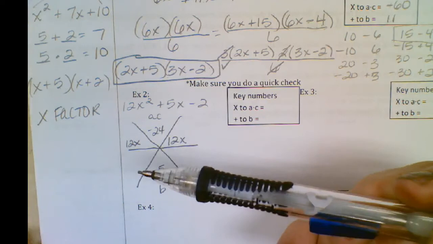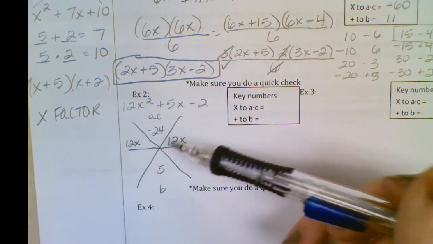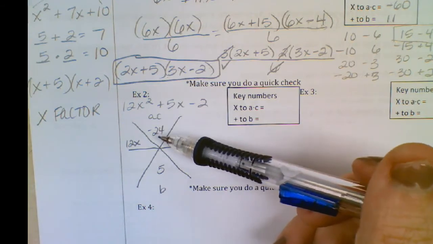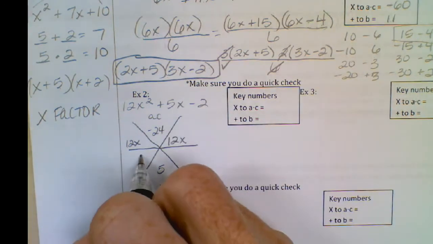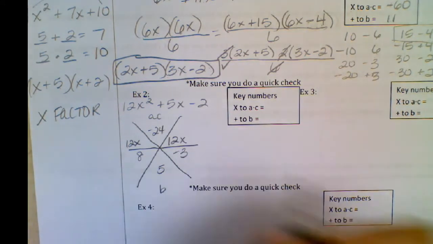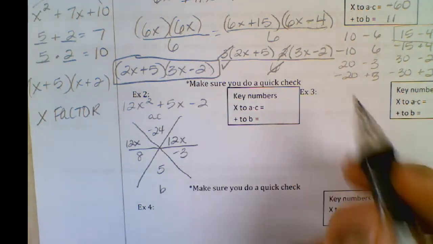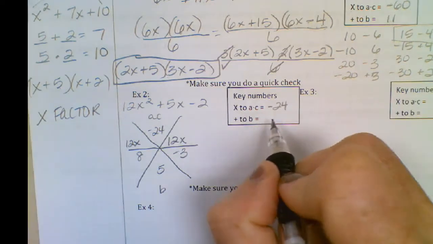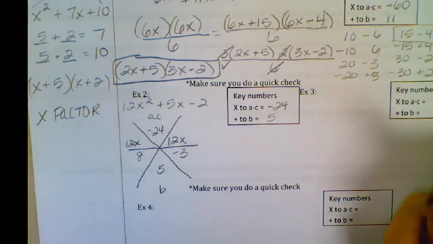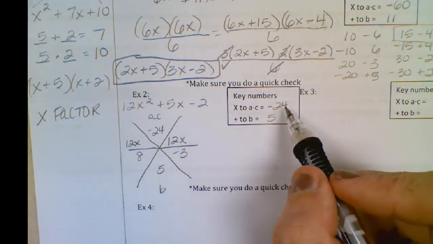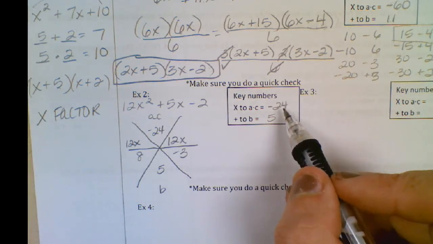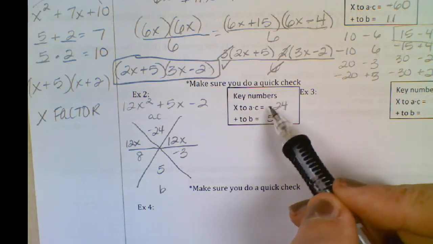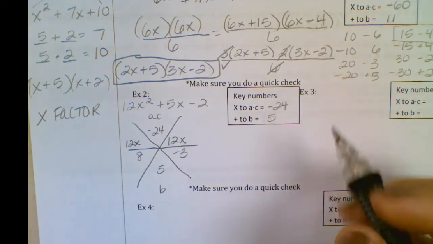Now you need to find two numbers that add up to 5 that multiply to negative 24. So that's going to be 8 and negative 3. The biggest thing to remember here, so we need to get two numbers that multiply to negative 24 that add up to 5. Okay? So again, think of all of your multiples of factors of 24, and when it's negative, you're going to think about two numbers that have a difference of this value right here.